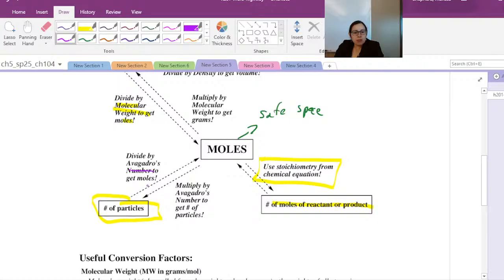So this is Avogadro's number, which just defines how many particles are in a mole: 6.022 times 10 to the 23rd atoms or molecules in 1 mole.